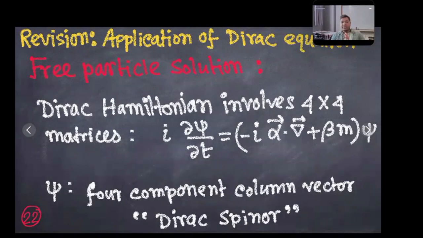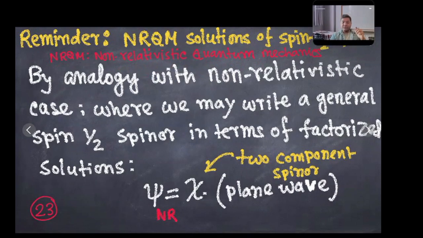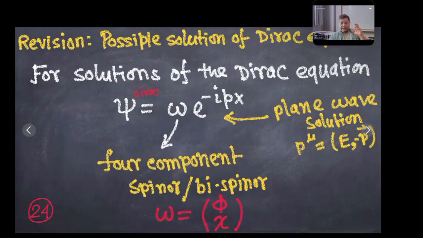In the last class, we also dove more deeply into the possible solution when I considered the Dirac equation. We started with a possible definition: we can define phi, a possible solution of the Dirac equation, and factorize it into two parts.